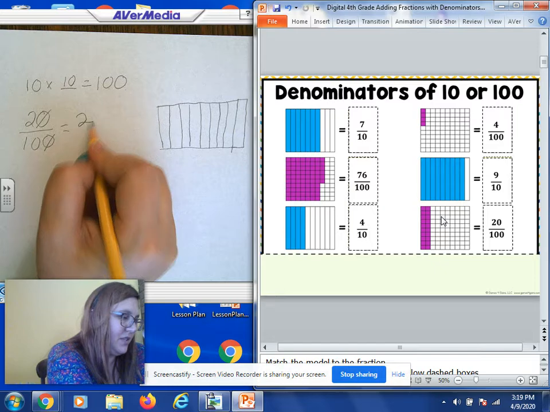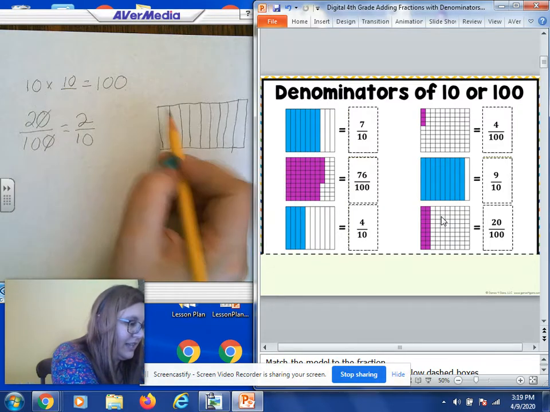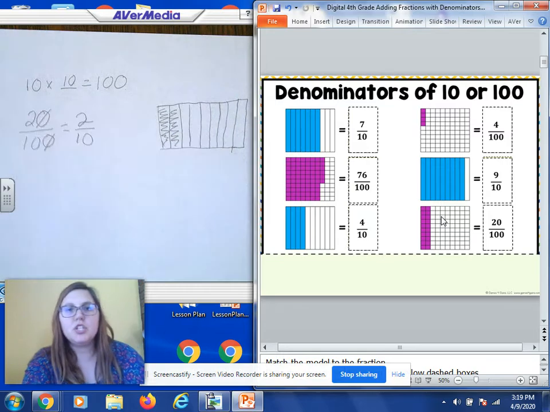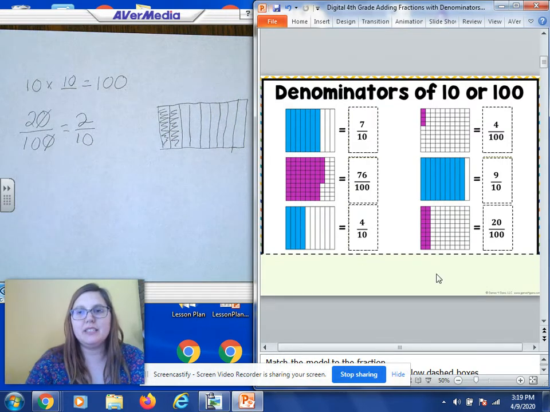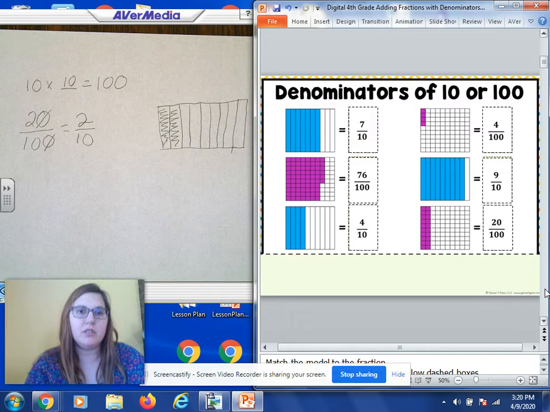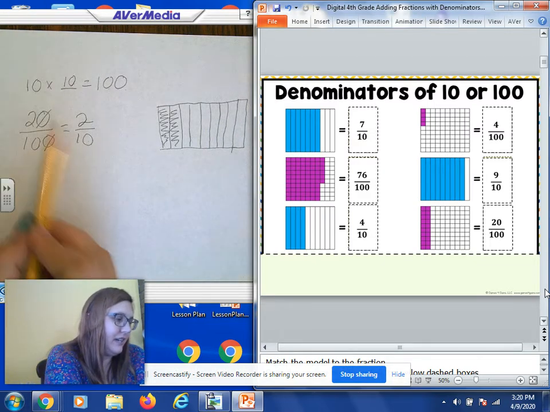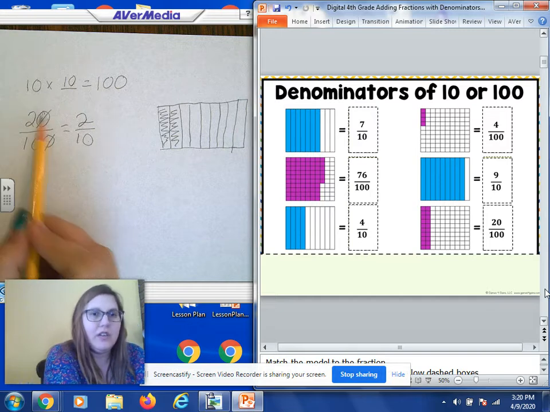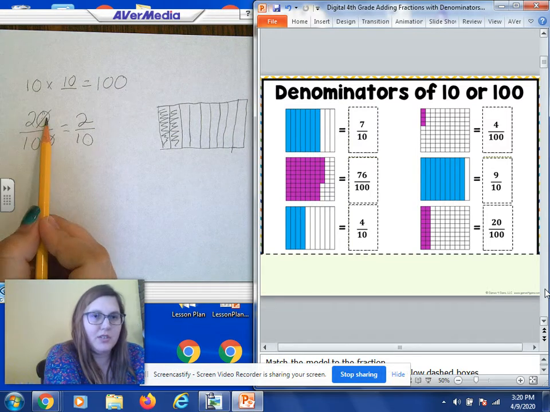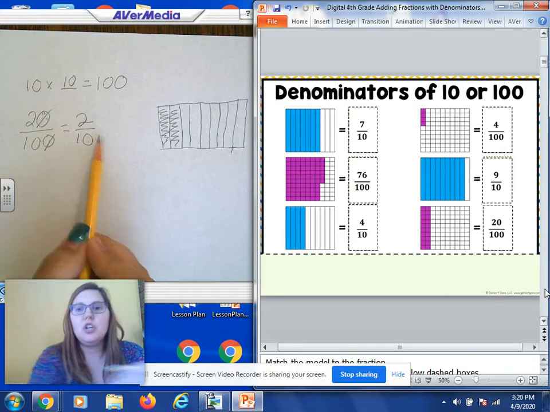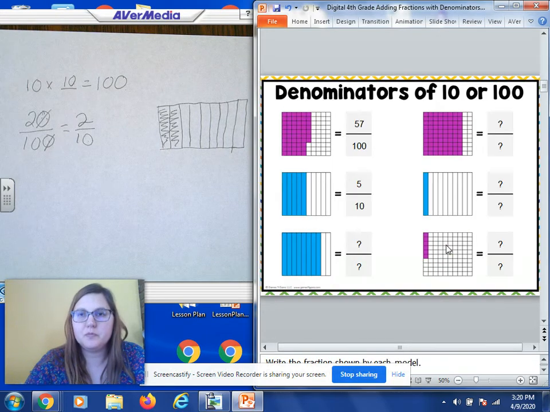So now I have 2 tenths, and if we shade that in, our picture should look the same as this picture of 20 hundredths. If you're changing it to tenths, you have to have the zeros to take off. If you don't have a 0 on the top and a 0 on the bottom, then you can't take it off. If you're changing it to hundredths, you just add that 0 back.